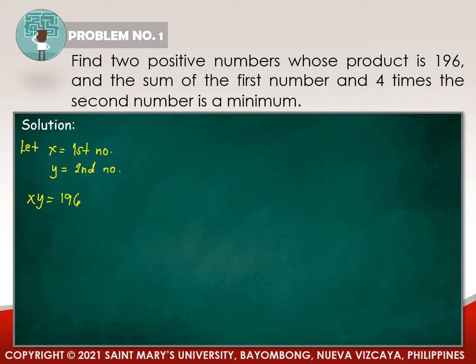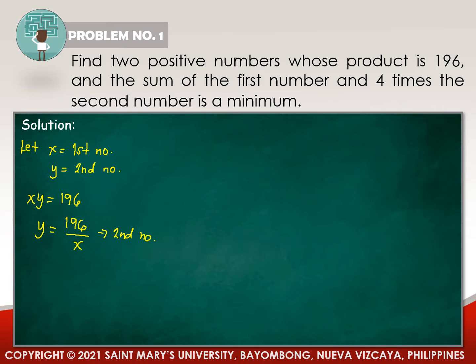And in solving optimization problems, we need to express one variable in terms of the other variable. So we will solve for y in terms of x. It means that y equals 196 over x. Okay? So this will be our second number when y is expressed in terms of x.